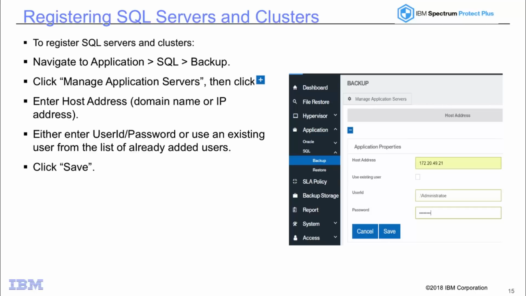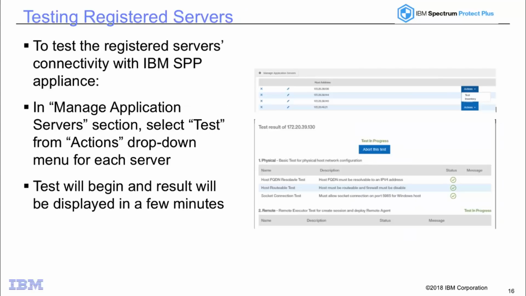So for SQL Server, you choose Application SQL Backup, Manage Application Server, and then click the plus, and you'd enter a DNS name or an IP address and the user ID or password of the credentials that you're going to use to access the SQL Server, and click Save.